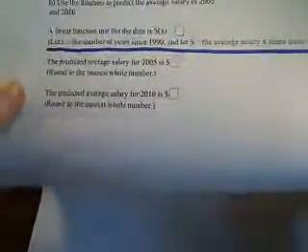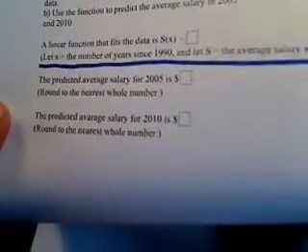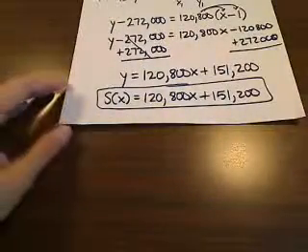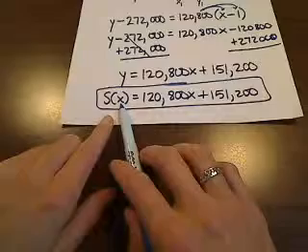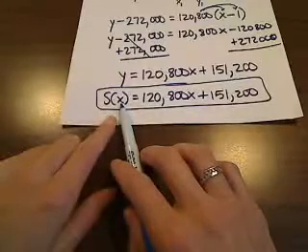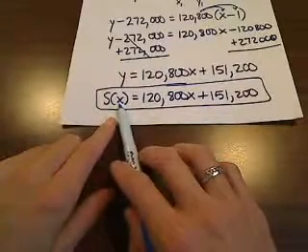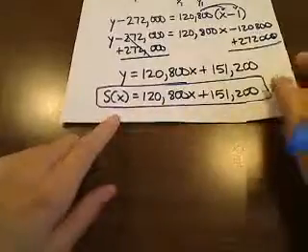Then in these next two boxes, what they want is for us to predict the average salary in 2005 and in 2010. Essentially what we're going to be doing is plugging in a value for both 2005 and 2010, and then finding out what goes with them.